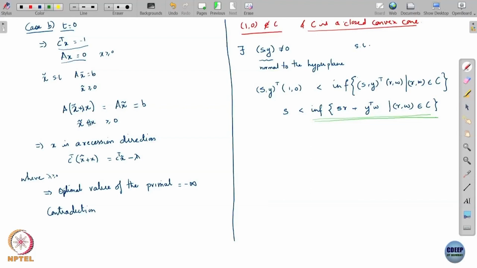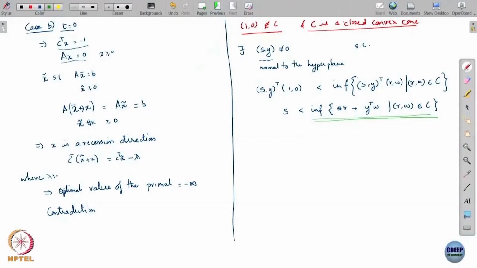So, if (r, w) is in C, then a positively scaled version of it is also in C. So, what should be the value of this infimum? What you are doing is effectively minimizing a linear function over a cone. The slope of that linear function is given by s and y.